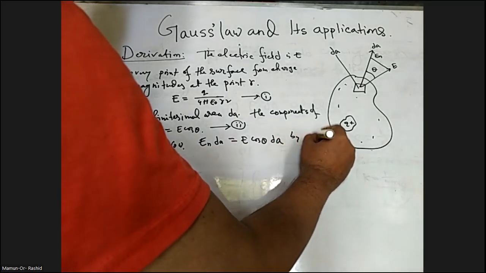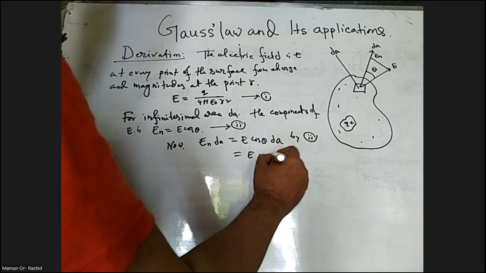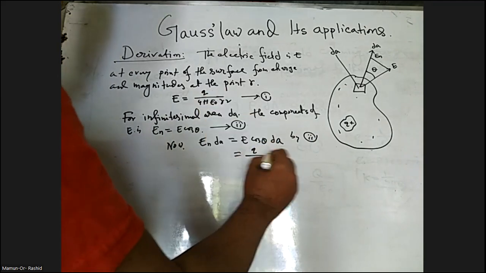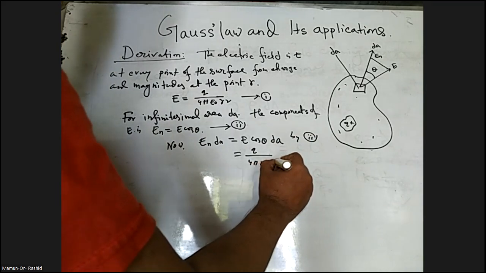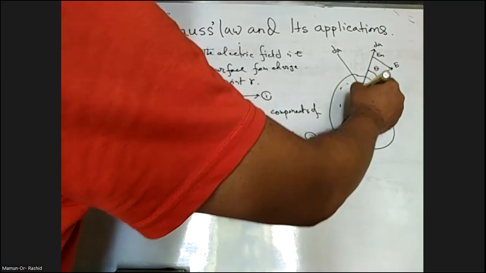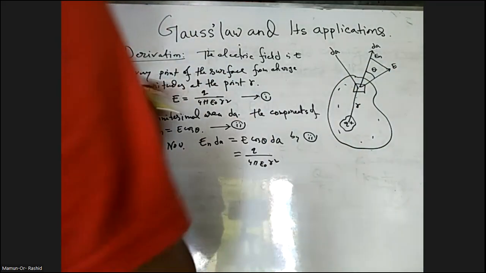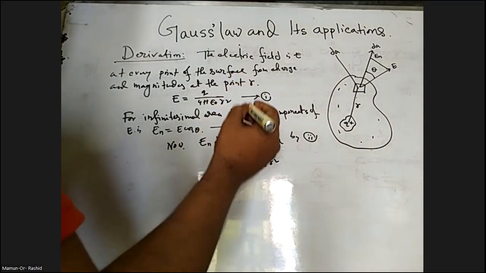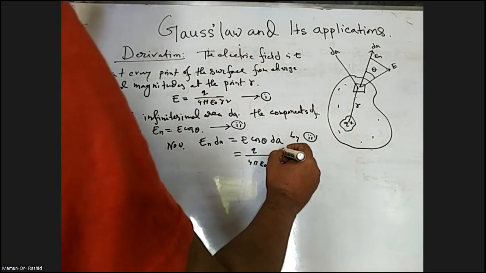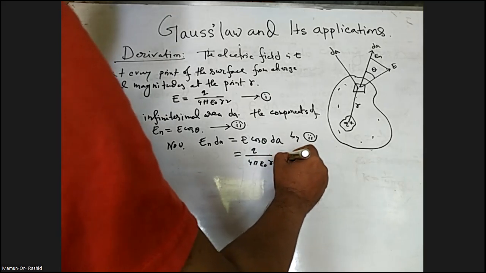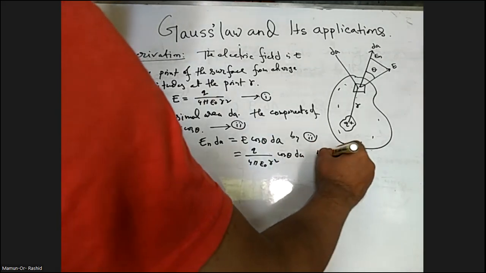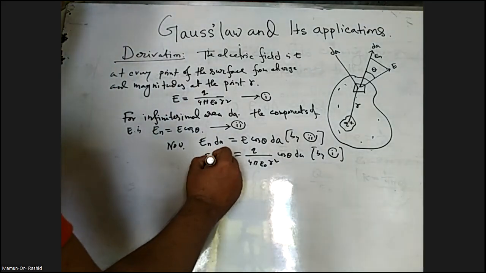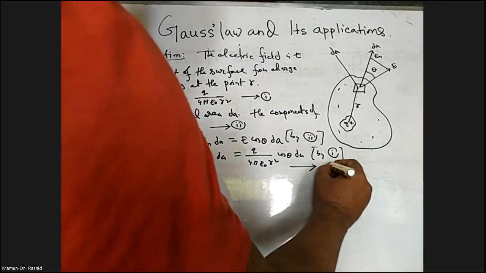Actually, we can use the formula Q divided by 4 pi epsilon naught R square, where this distance will be R. Putting the value from equation 1, we get En dA. This is equation number 3.